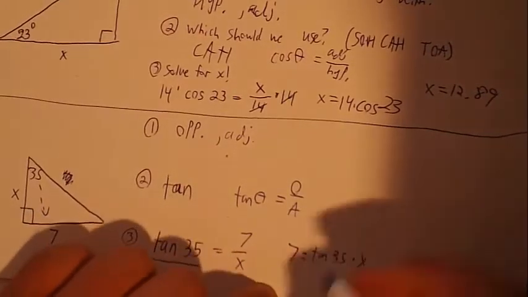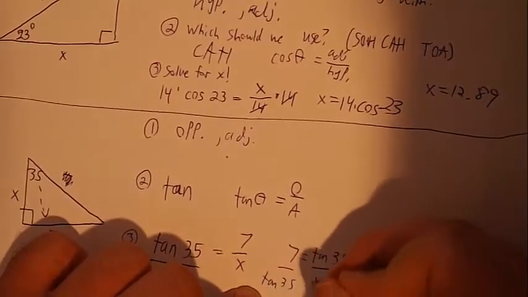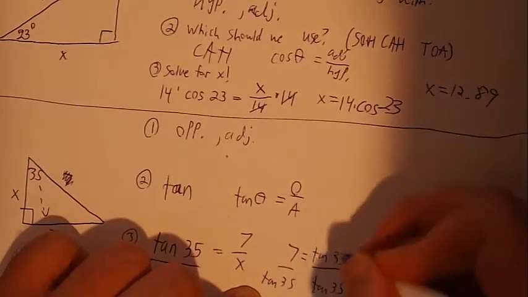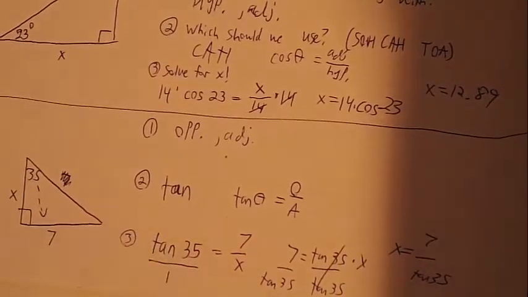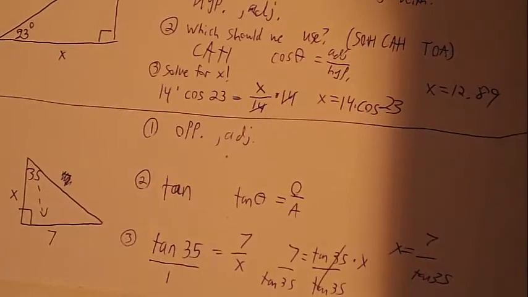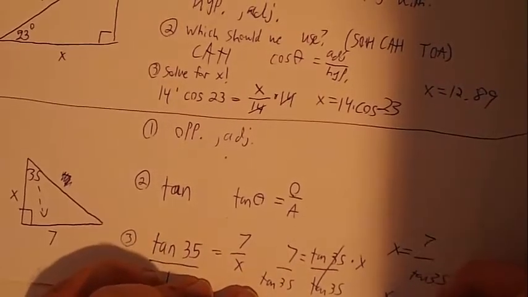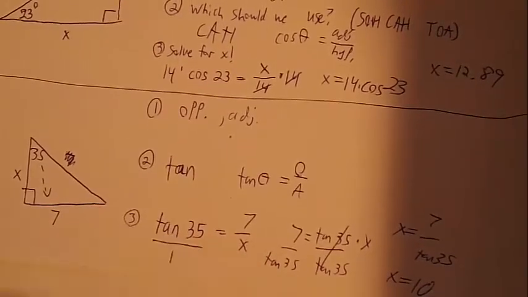So we're going to divide both sides by tangent of 35, giving us x equals 7 divided by tangent of 35, which you can type into your calculator, is just about 10. So you should be getting x equals 10, approximately. So that's how you solve basic trig problems.